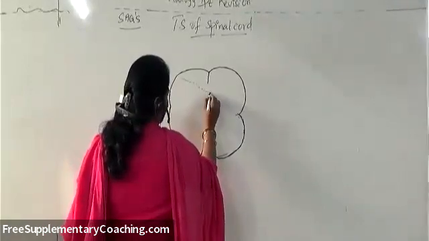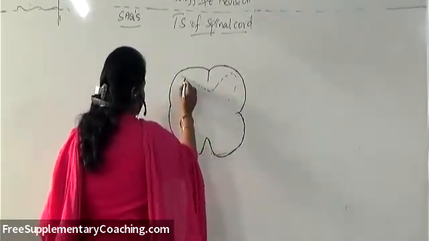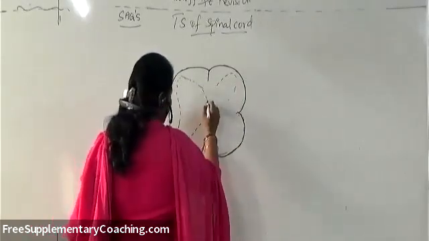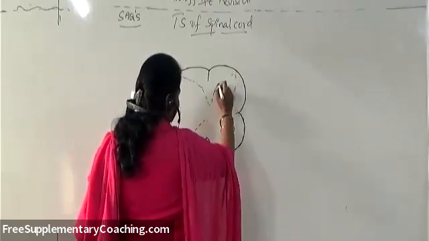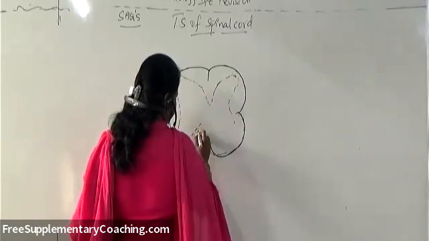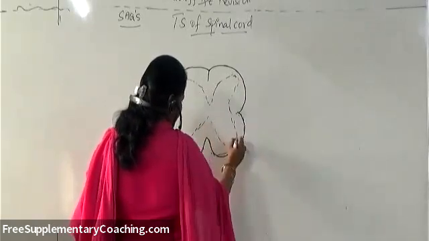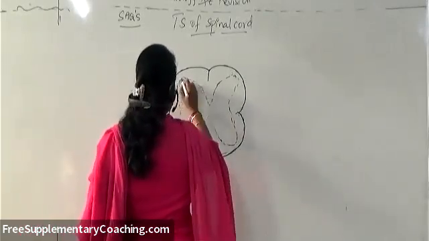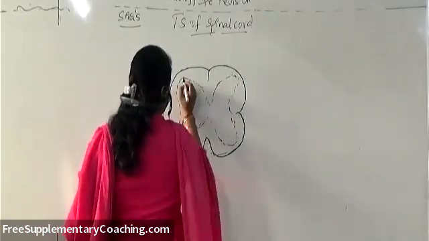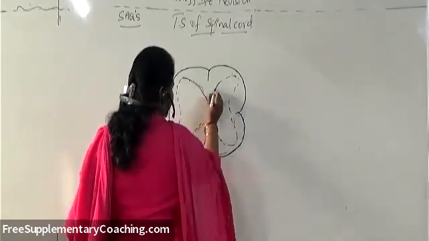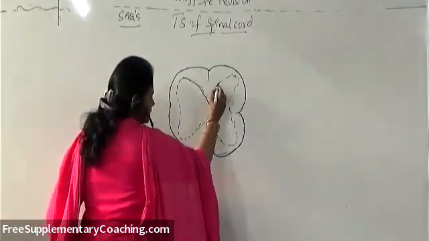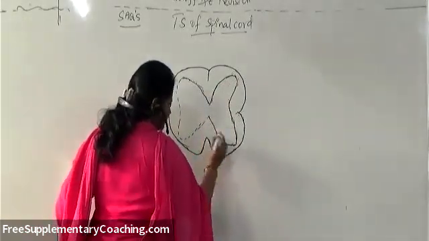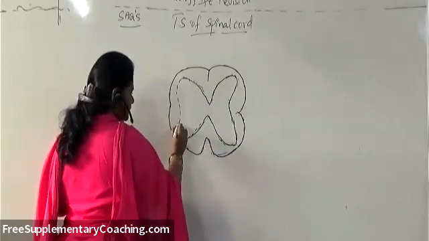So here you are supposed to show the butterfly shaped central canal. Like this, you need to make the central canal. First, always go with the dots. After getting a proper and perfect shape, then you can join the lines. So this is the central canal of the spinal cord, which I am drawing.